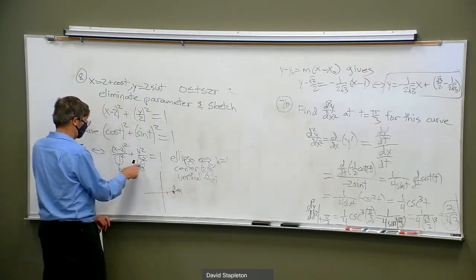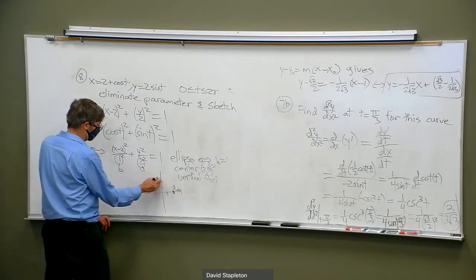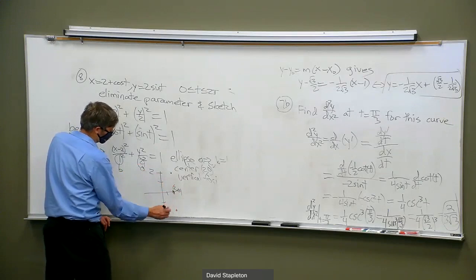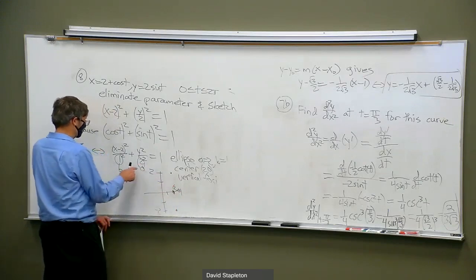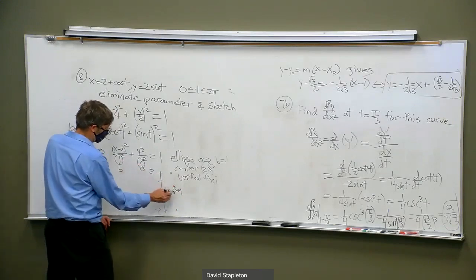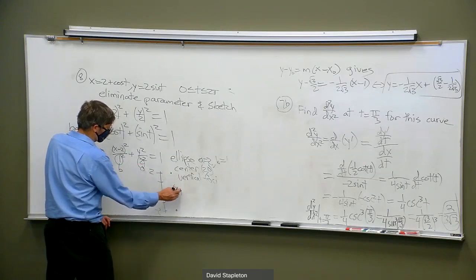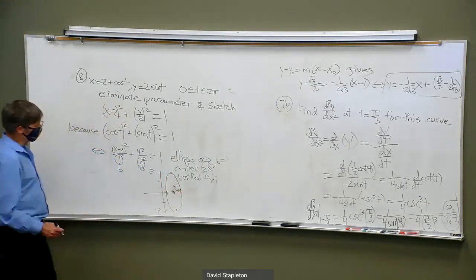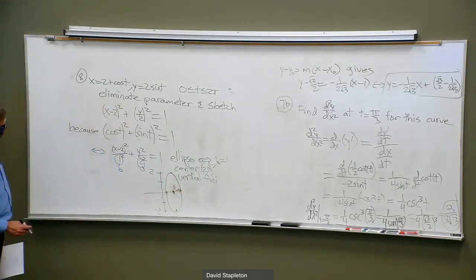Then the semi-major axis is 2 in the y direction. I go up 2 and down 2, and those are the ends of the semi-major axis. Semi-minor axis is 1, so I go 1 each in the x direction, and I have this oval. There it is. And you can compute the foci if you're interested.